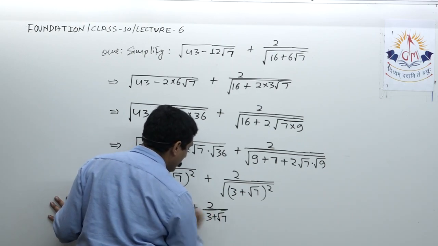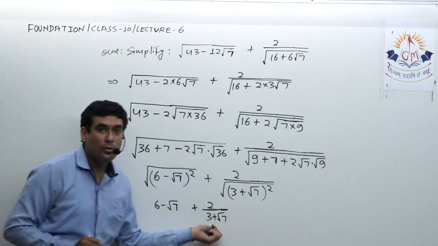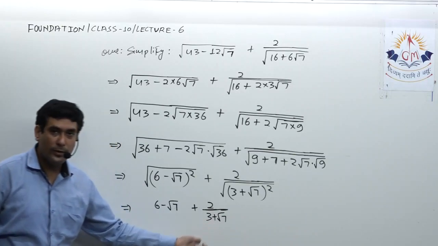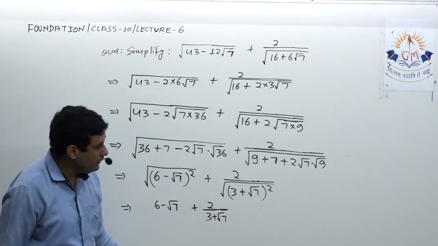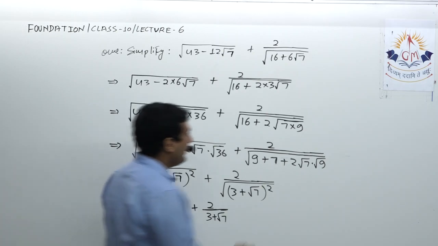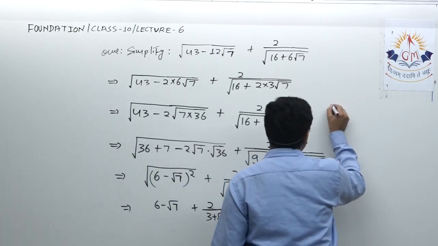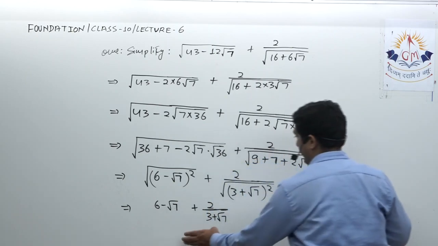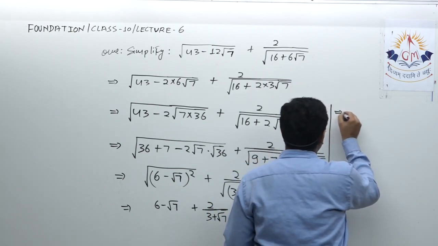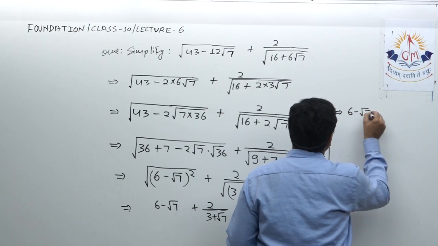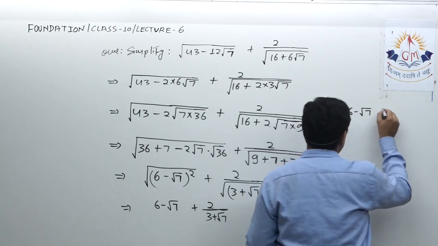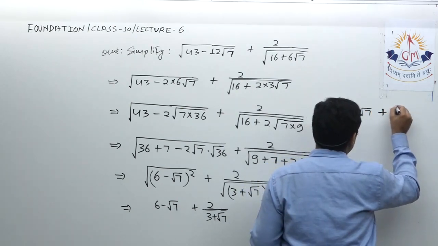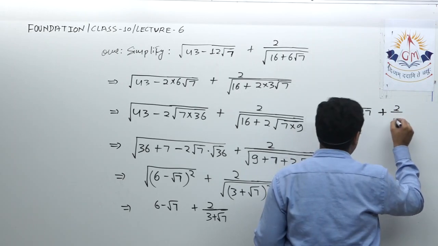Now over here I need to rationalize the denominator to simplify it further and to get the answer, so please note it down. Here I can solve the remaining question, so let me finish, then I will give you time to note it down. 6 minus root 7 plus 2 upon 3 plus root 7.